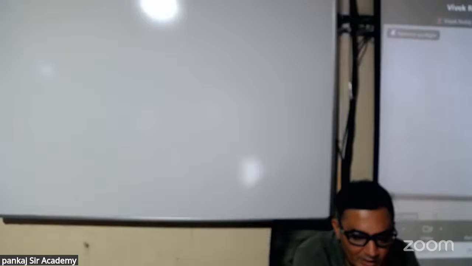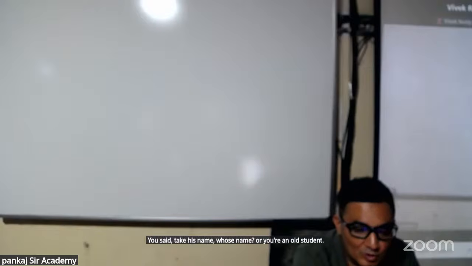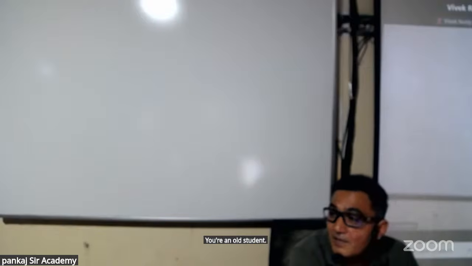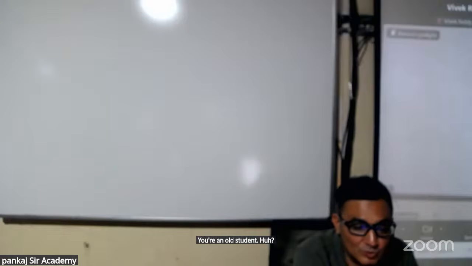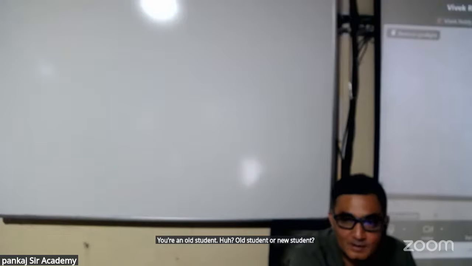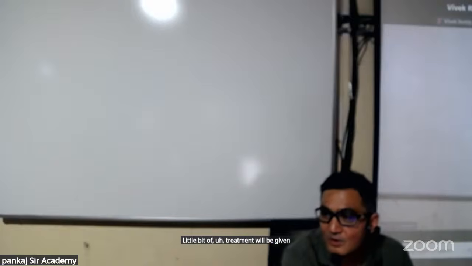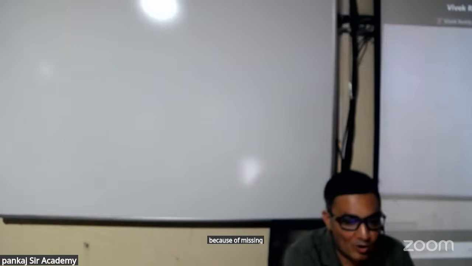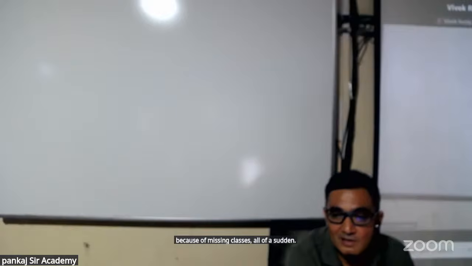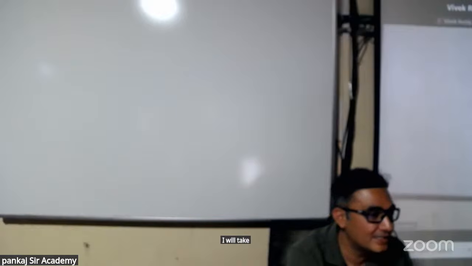Oh, you're an old student. Old student or new student? Wait then. A little bit of treatment will be given, no? Because of missing classes, all of a sudden, I'll not give access. I will take 100% attendance from old students. I'm very serious.